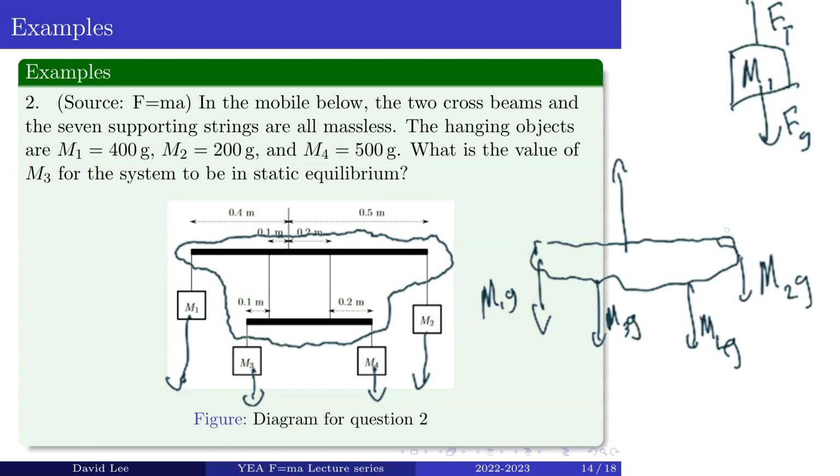And there's also another force, the big tension force from the string holding the whole thing up. Okay, so now with this setup, what would be the best place to choose our origin?